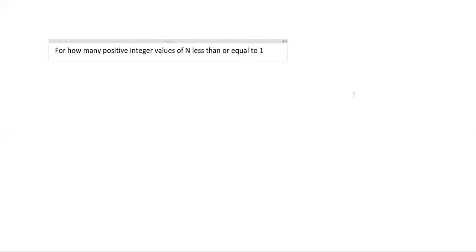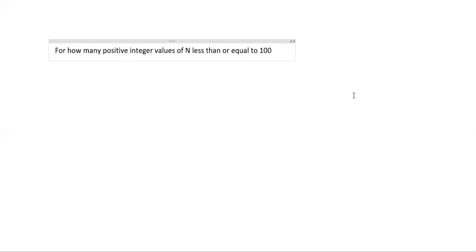And the question is, for how many positive integer values of n less than or equal to 100? So n must be less than or equal to 100 and positive integers. I'm explaining this a bit. So n could be 1 to 100, right?